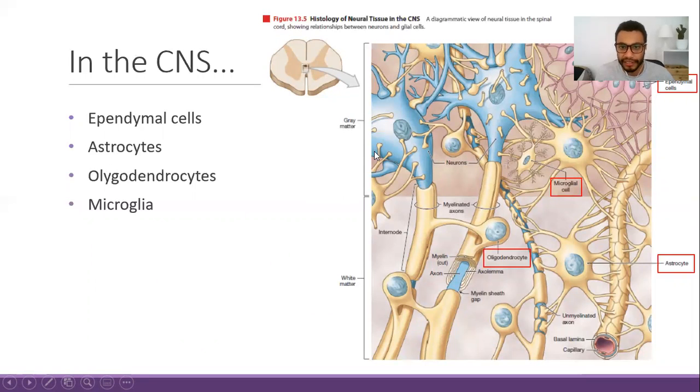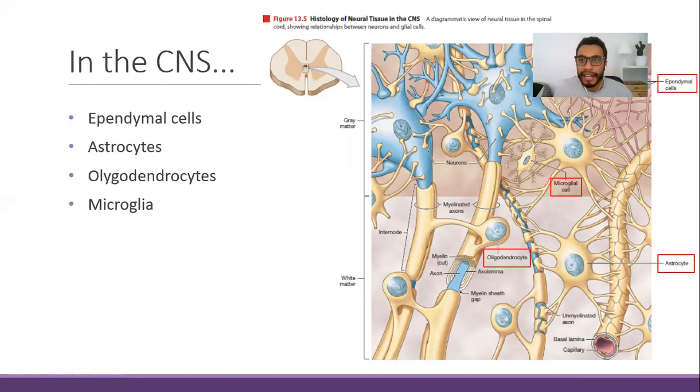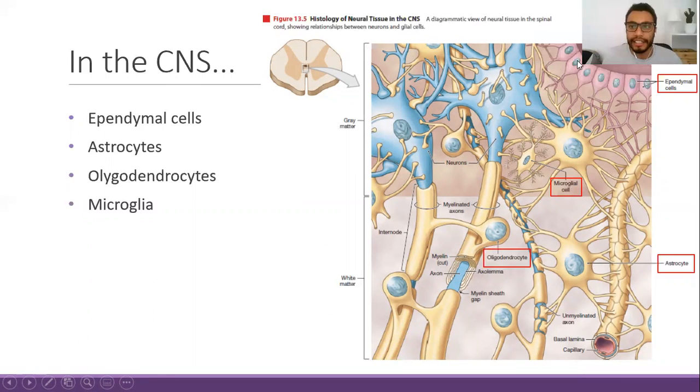So gray matter, this layer, and this is white matter. And right here in the center, we have the central canal.